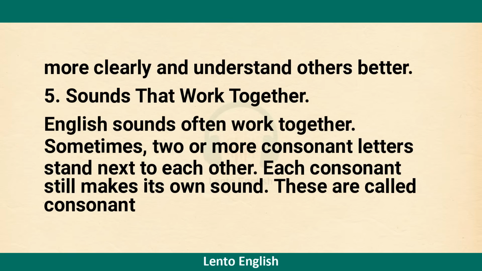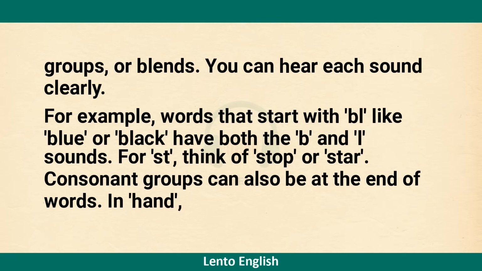5. Sounds that work together. English sounds often work together. Sometimes two or more consonant letters stand next to each other. Each consonant still makes its own sound. These are called consonant groups or blends. You can hear each sound clearly.